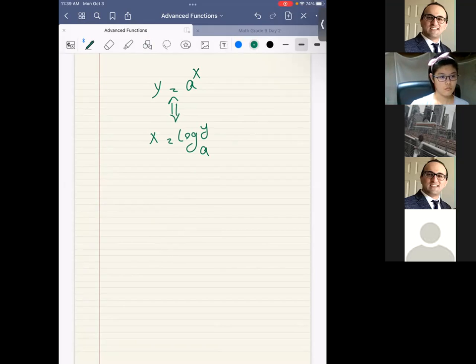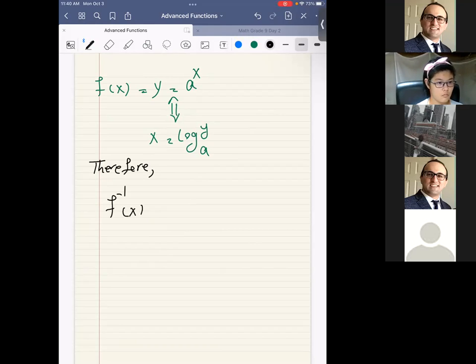So if f of x is a to the power x, then f inverse of x is log x with base a.